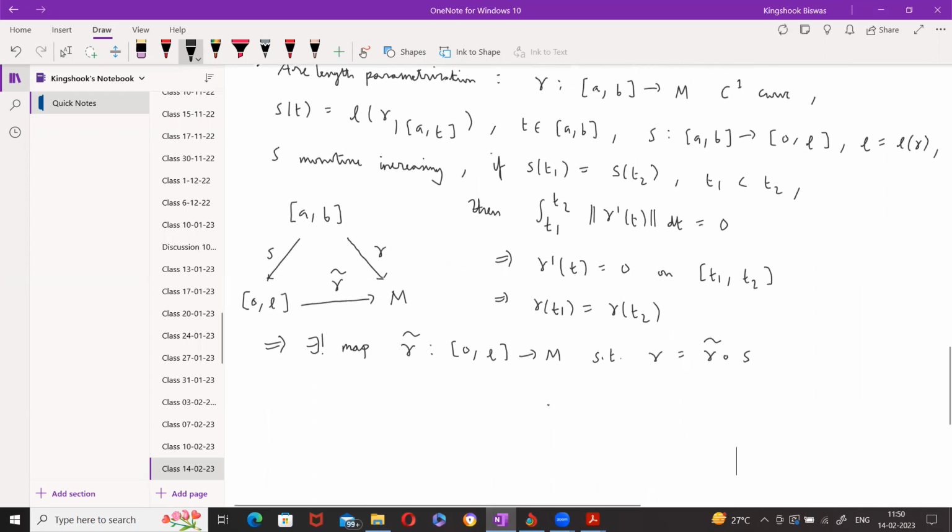So this gamma tilde is called the arc length parametrization of gamma.